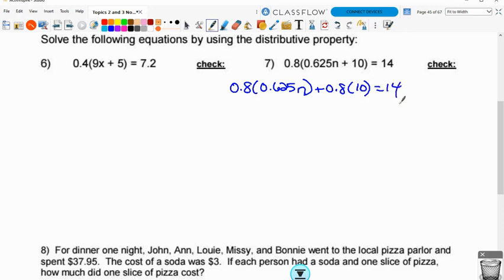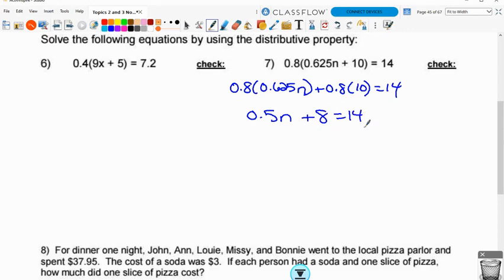Okay, so now we're going to use our calculators to do the multiplication. If you do 8/10 times 625 thousandths n, you're going to end up with 5/10 n. And if you do 8/10 times 10, that gives you positive 8. So 5/10 n plus 8 equals 14 is our equation.